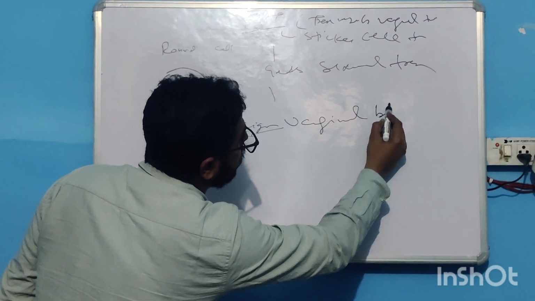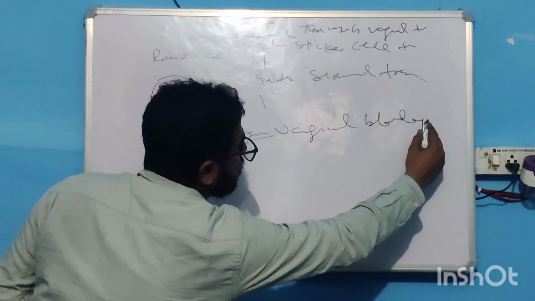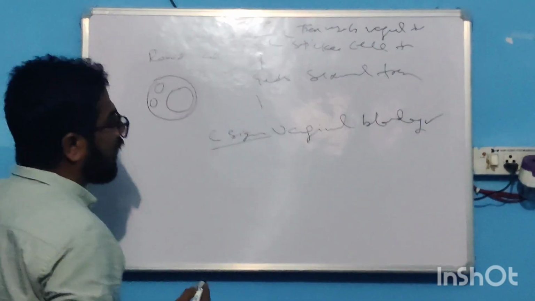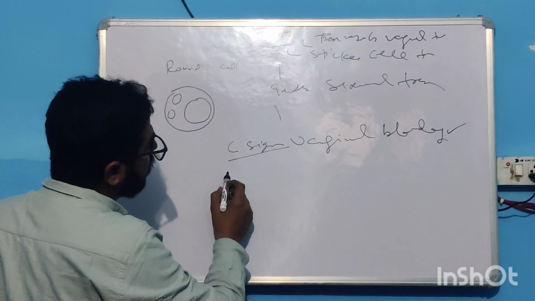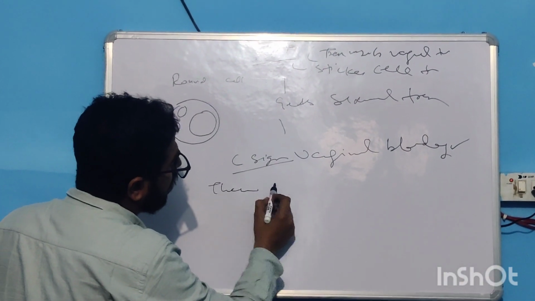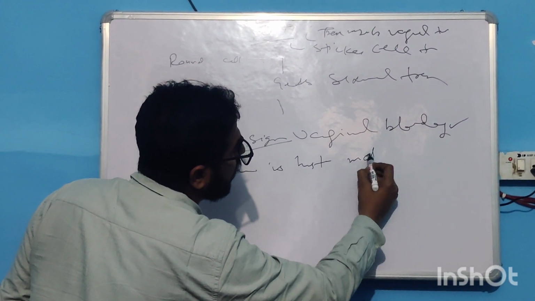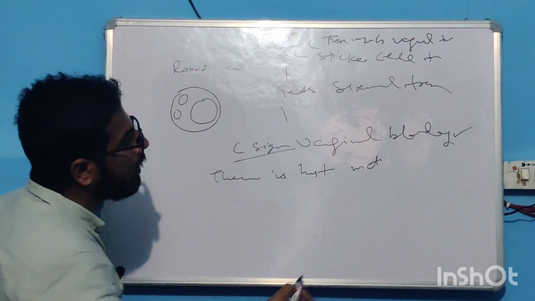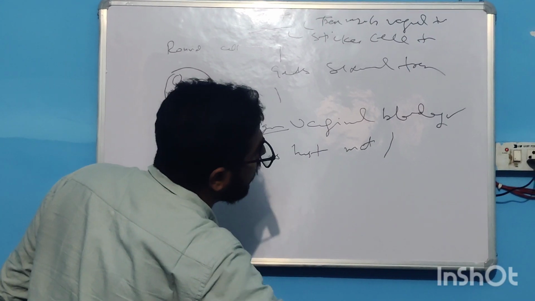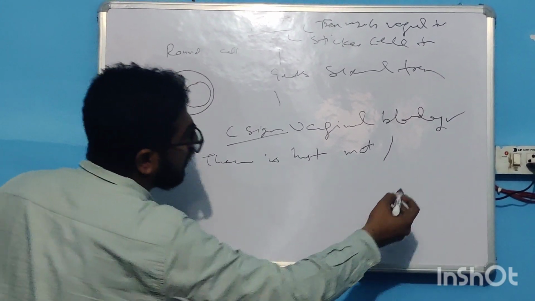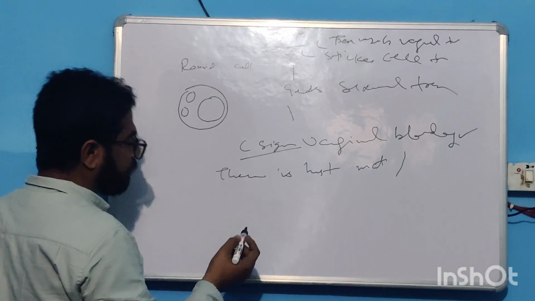The main clinical sign is vaginal bleeding, and sometimes you hear a history of mating with a stray dog or some other affected dog which has bleeding from the penile area. So that kind of history is there in this tumor.